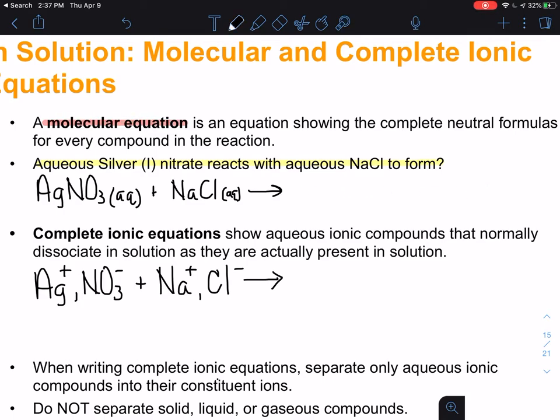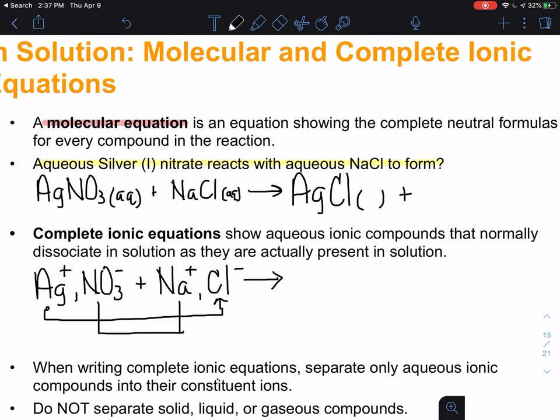Silver comes together with chlorine to form AgCl, plus, and again, sodium and the nitrate come together, it's a 1-to-1, so we have NaNO3 (aq). We have not finished the molecular equation yet.